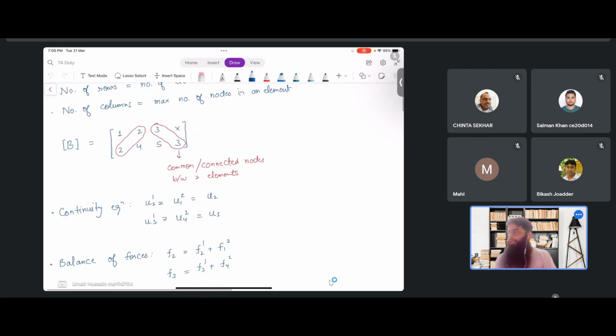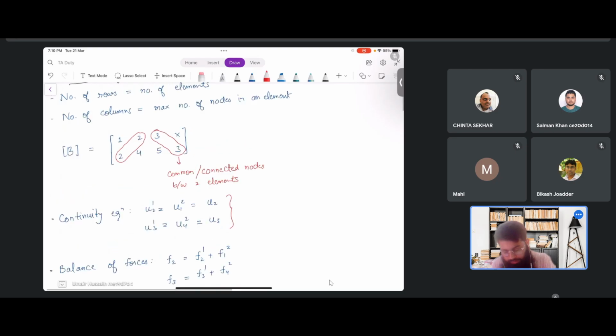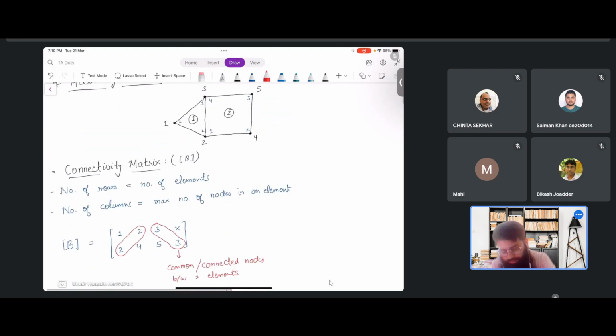Just like in 1D, we studied two conditions when assembling the element level equations. First is the continuity condition, which focuses on the displacement value. The displacement at a node at the intersection of two elements is going to be the same. In this case, we have global node 2, which is at the intersection of both elements.